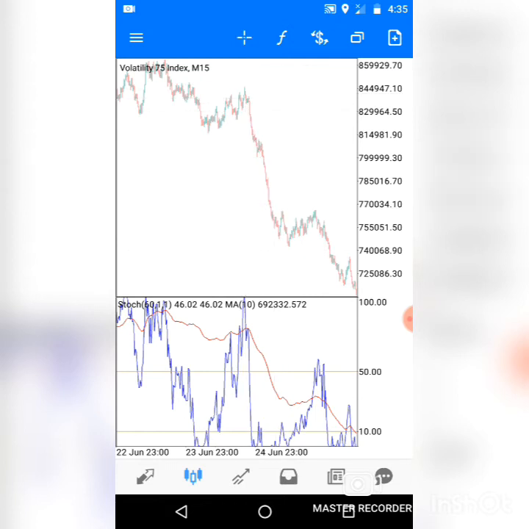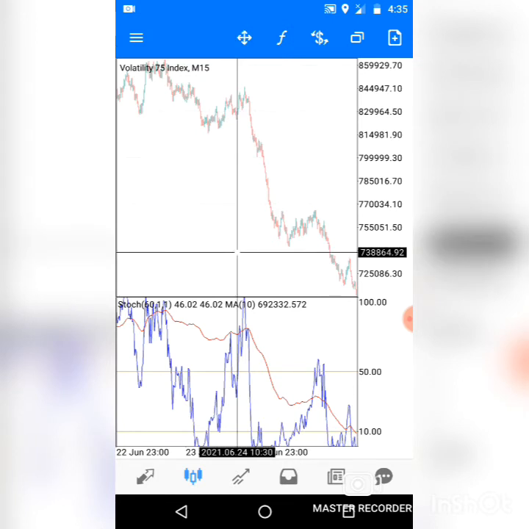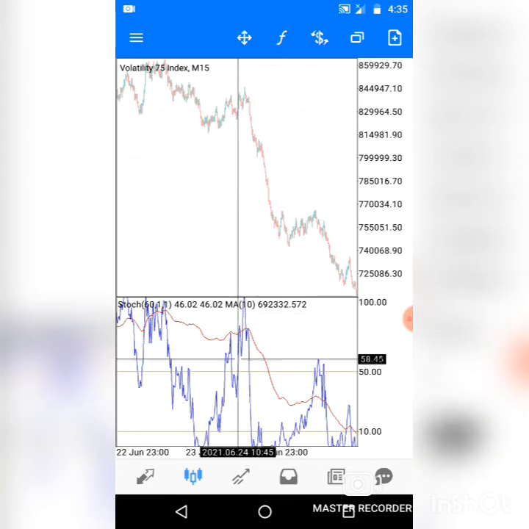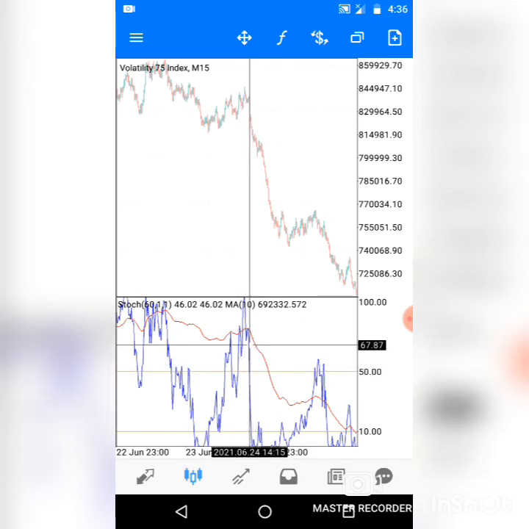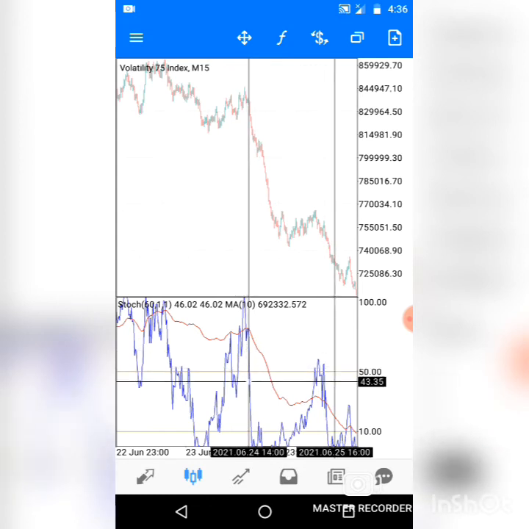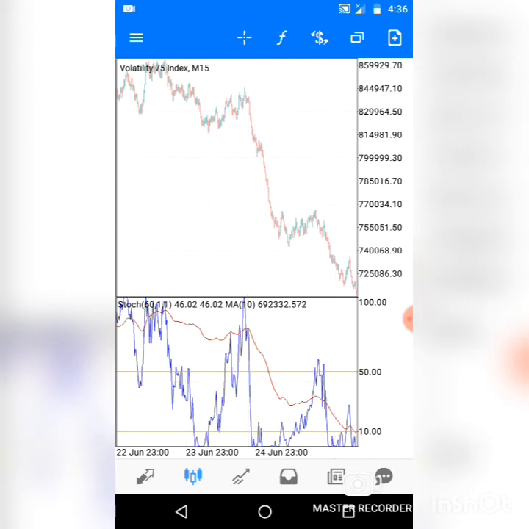But for those of you who have less than $100 or $200 or $300 in your account, when you enter like this, when it reaches exactly 50, you are supposed to be out of the market. But those who have more than $100 in their account can continue to be in the market until it reaches 10.